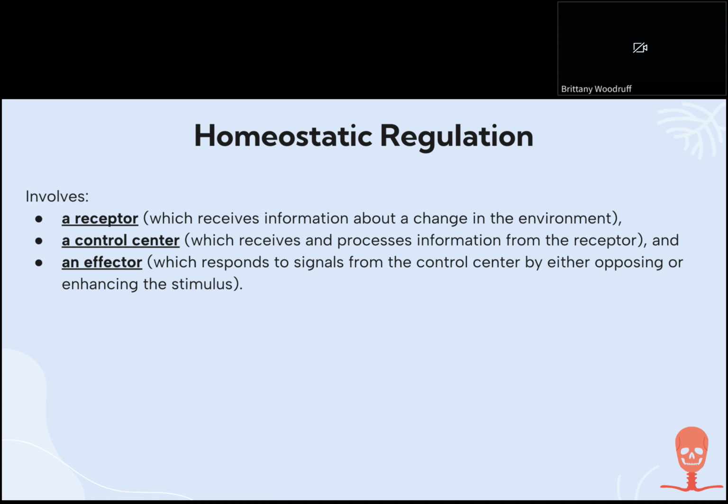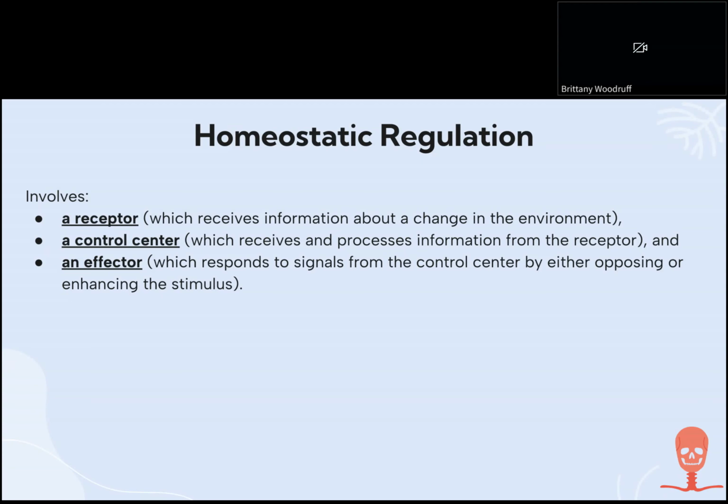So, homeostatic regulation. In order to keep things in this narrow range, you have 3 things. You have a receptor, which is going to receive the information. The control center is then going to get that message from your receptor and process that information.